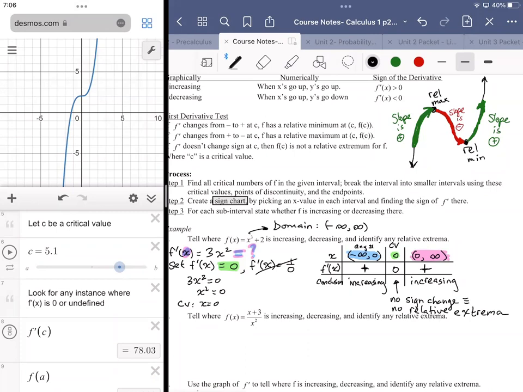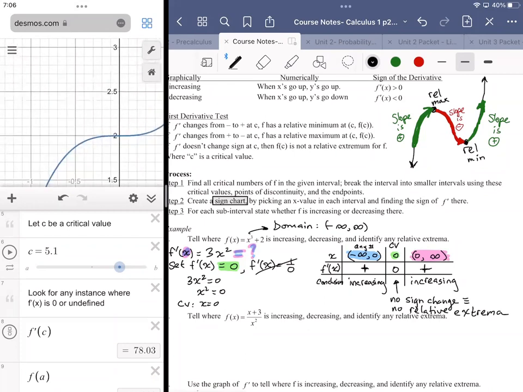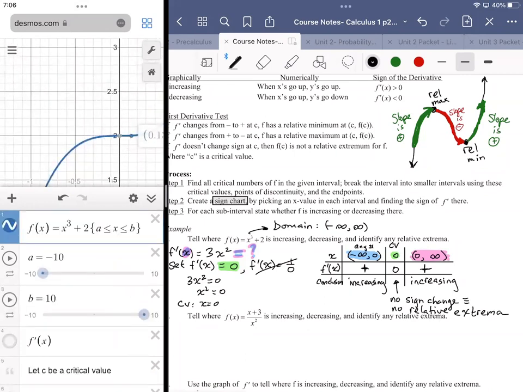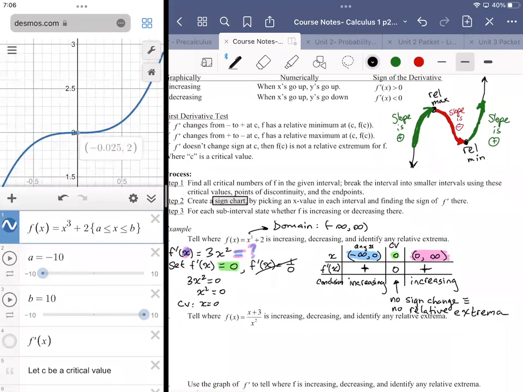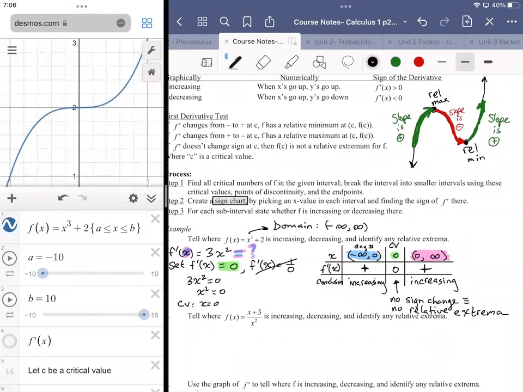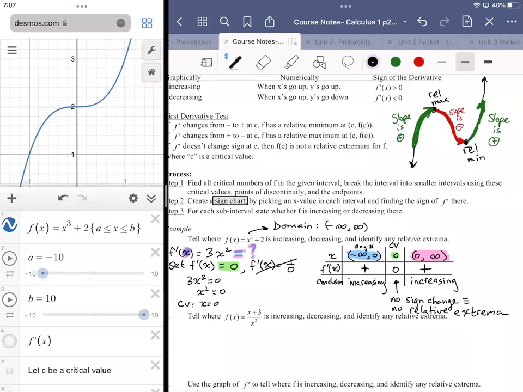And you can look at the picture. I don't see a relative maximum or a minimum here. I don't see a clearly defined turning point. I see something that increases, levels off, and then continues increasing. I don't see something that increases, then turns around and starts decreasing. It's always increasing, or it levels off, but it never decreases. So we would not say that there's a relative maximum or minimum here. Even though we get a critical value, it did not necessarily lead to a relative extremum.